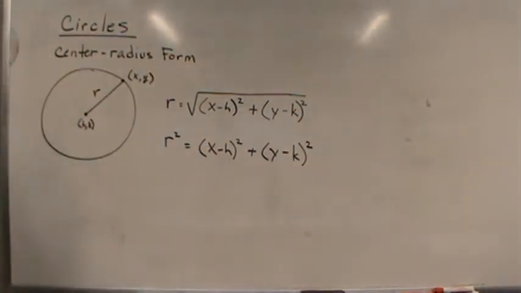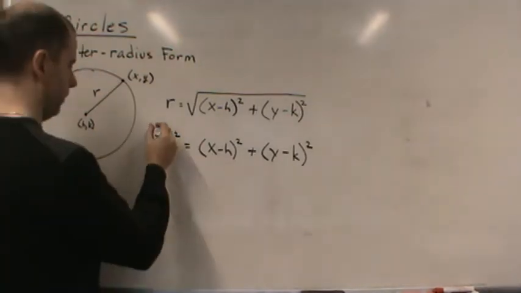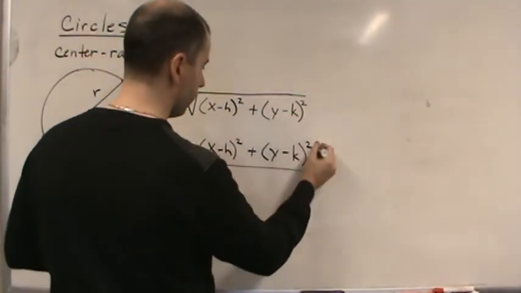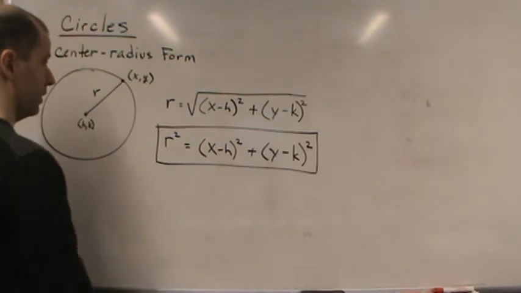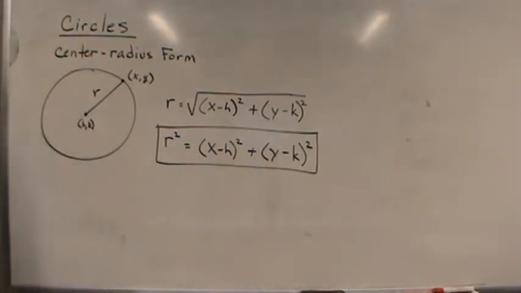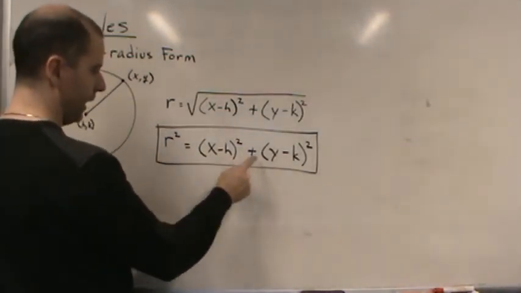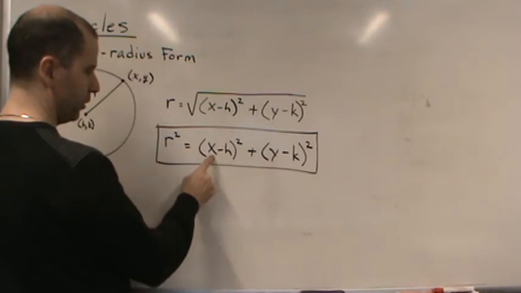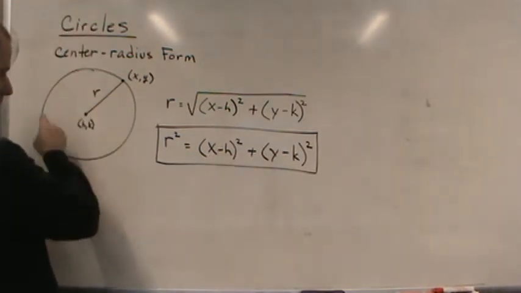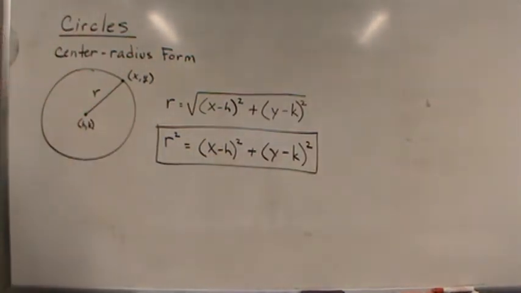And this here is the center-radius form for the equation of a circle. That means the only thing that's changing is your x and y. So I can put in any x and y value, and I'll find a point on the circle.